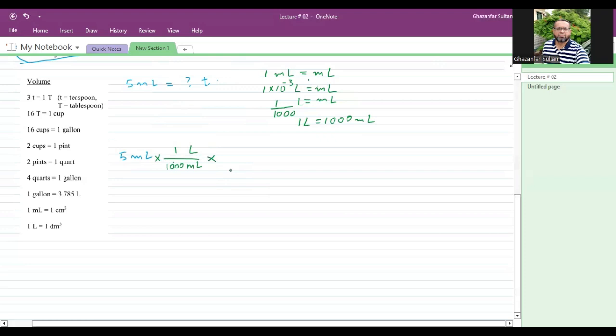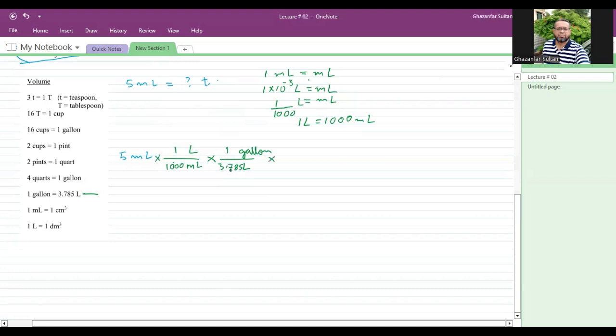And you have another relationship between liter and gallon, and no direct relationship with teaspoon. So you have to cancel liter by dimensional analysis. So liter here and gallon should be here. What is the relationship between gallon and liter? 1 gallon is equal to 3.785 liter.